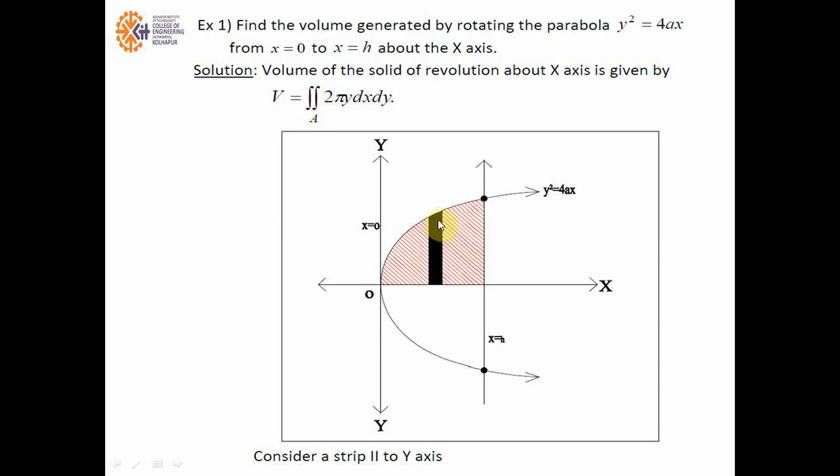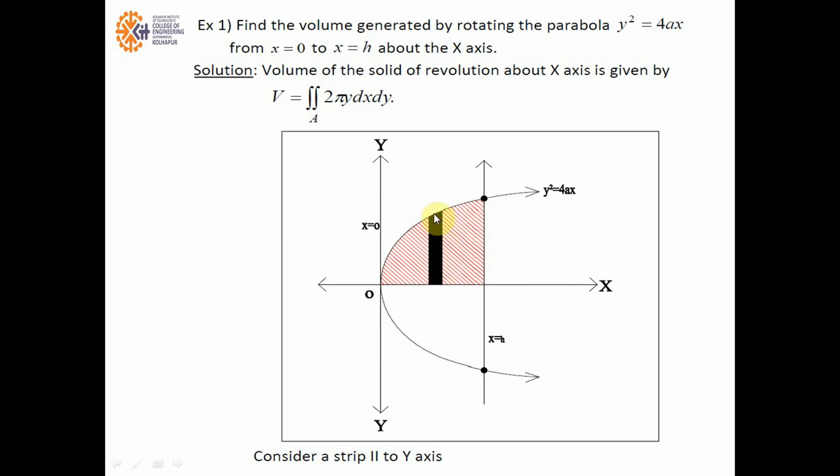And to get the limits of inner integral and outer integral in this region of integration, we consider a strip parallel to y-axis. Now to get the limit of inner integral, consider the equation of the curve at both ends of the strip. So the lower end of the strip lies on x-axis whose equation is given by y is equal to 0.